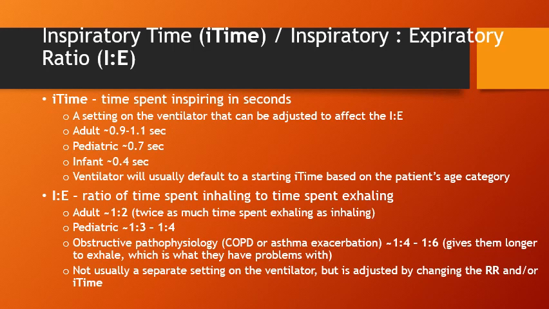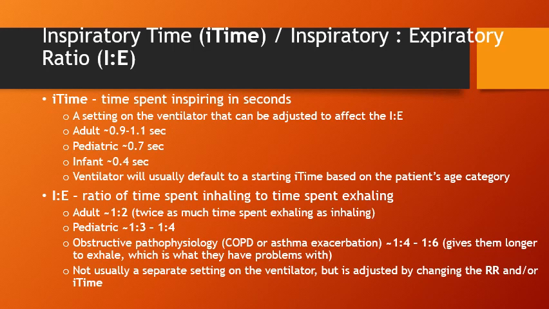So we're going to try to explain it the best we can here and go from there. I'm actually going to start with talking about the I to E, which is the second main bullet on the slide. So we're going to kind of go backwards here. The I to E ratio is the ratio of time spent inhaling to the time spent exhaling.